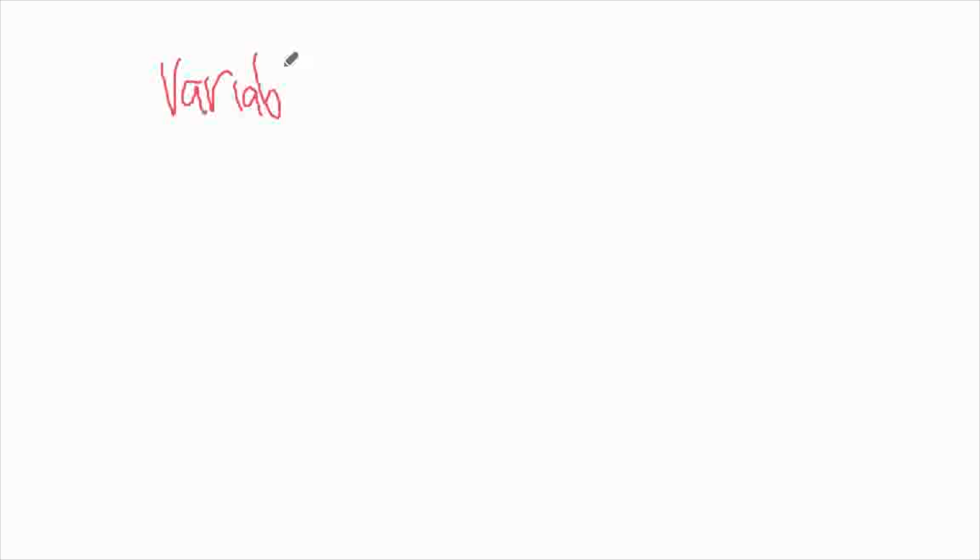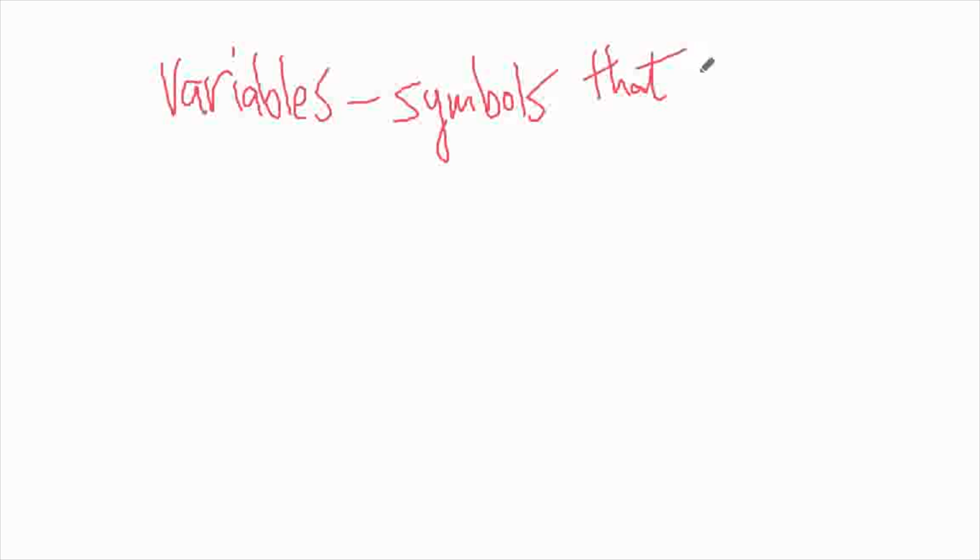So variables: these are symbols that represent unknown values. They don't necessarily have to be letters, and they could be letters with subscripts, so let me just say symbols to be more generic.